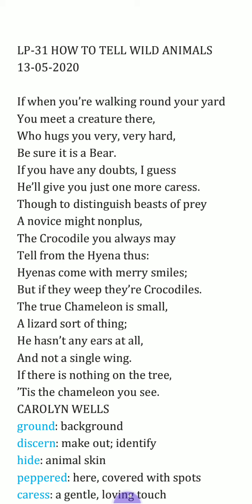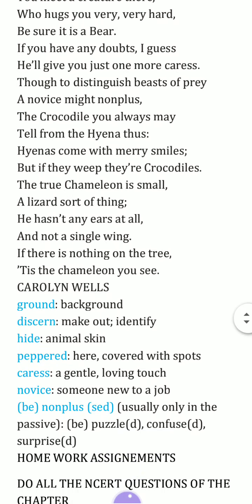Then lion, what are the traits and identifying marks? Then leopard, what are the traits and identifying marks? Then you write down bear, what are the traits and identifying marks? So some of the behaviors and marks have been given.